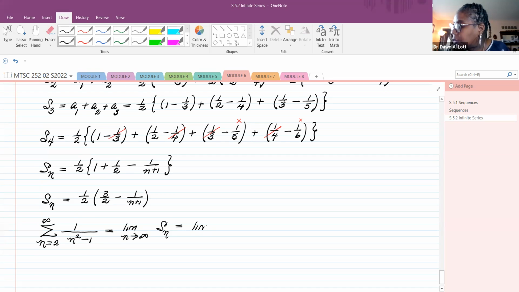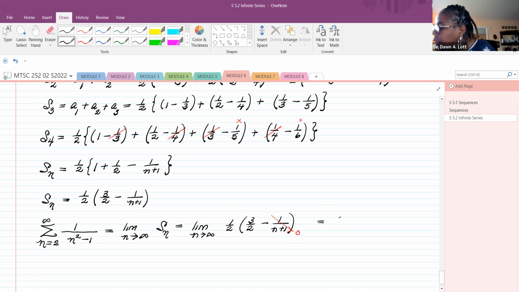But that's the limit as n approaches infinity of 1/2 times 3/2 minus 1/n+1. And as we know, this term goes to 0 because we have n in the denominator. So the sum of this series is actually 3/4.